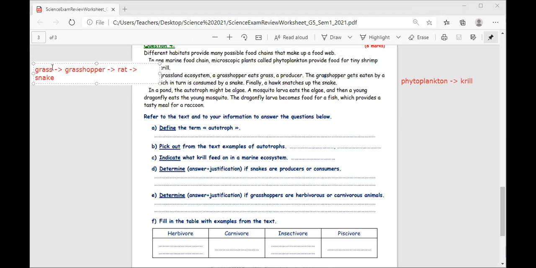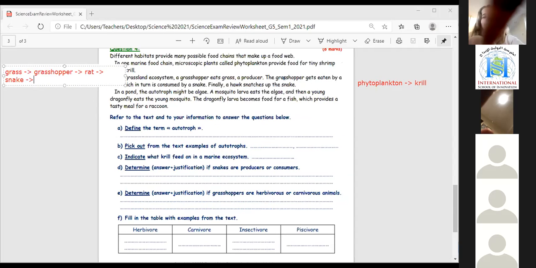Then a hawk snatches up the snake. Okay? The grass is eaten by the grasshopper, the grasshopper is eaten by the rat, the rat is eaten by the snake, the snake is eaten by the hawk.